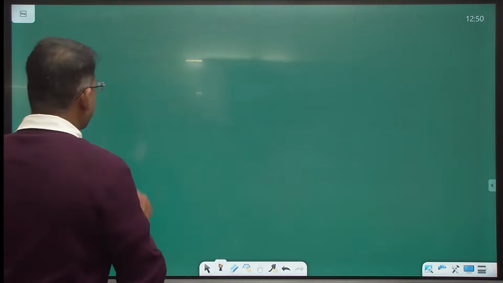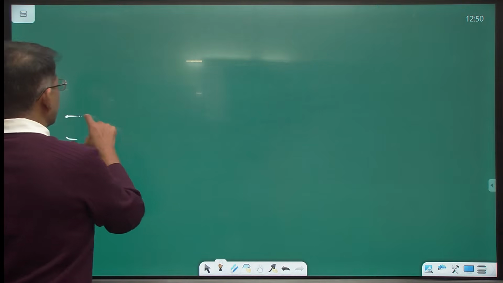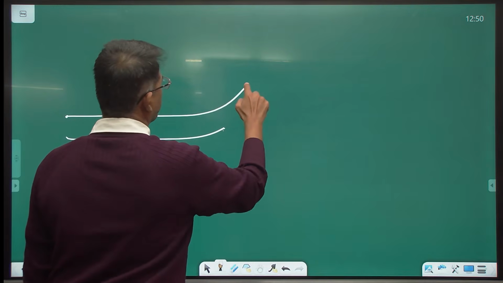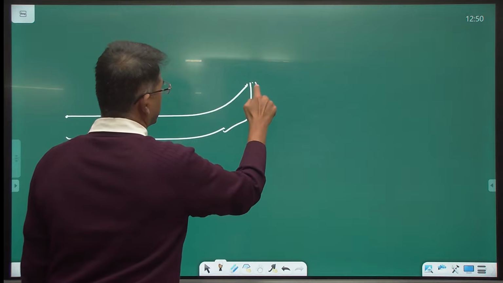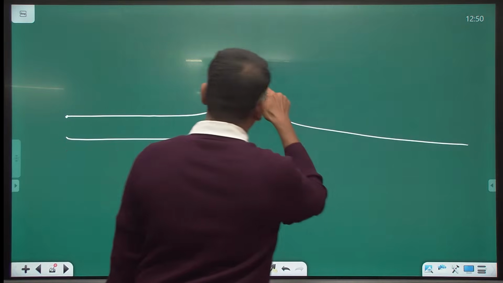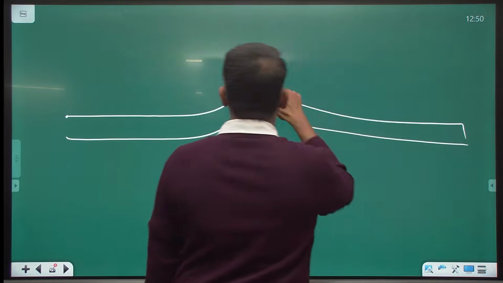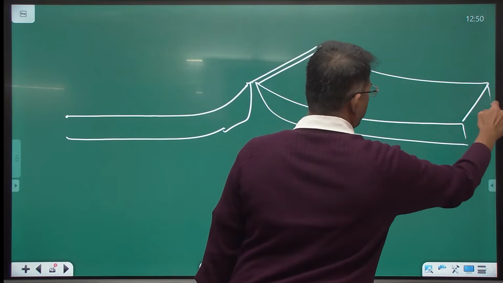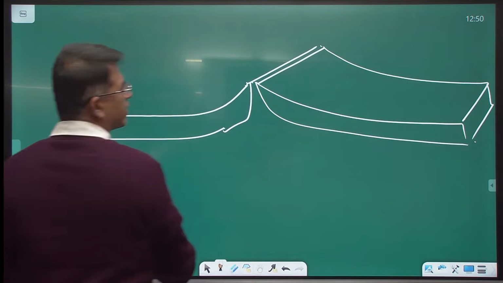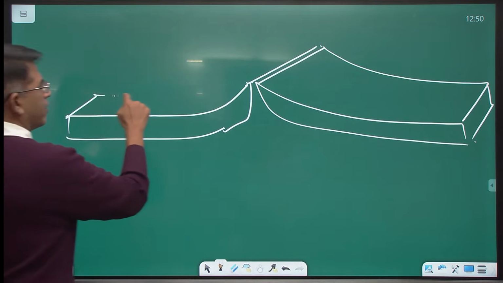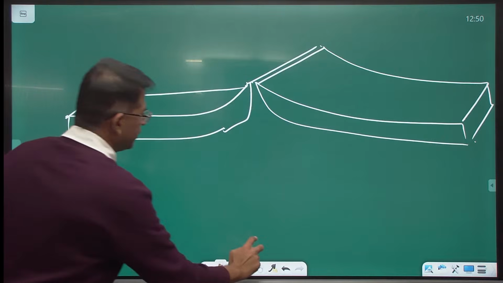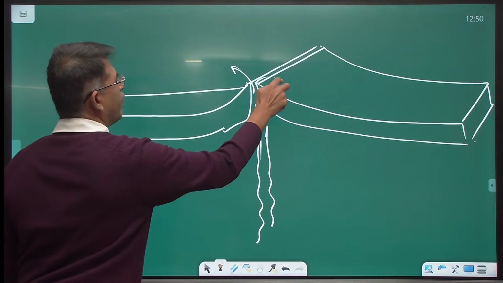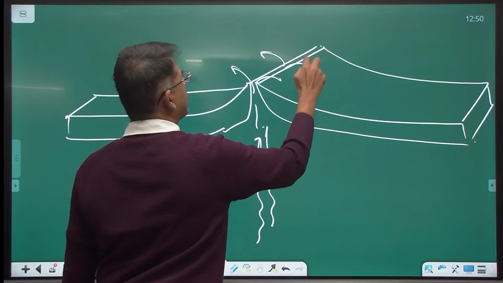So the typical diagram of this is the ocean. Okay, this is the MOR. Okay, this is the ocean. This is the MOR. Imagine an elevation like this. This is how it looks. So lava coming out, magma coming out, volcanic eruption, volcanic eruption.